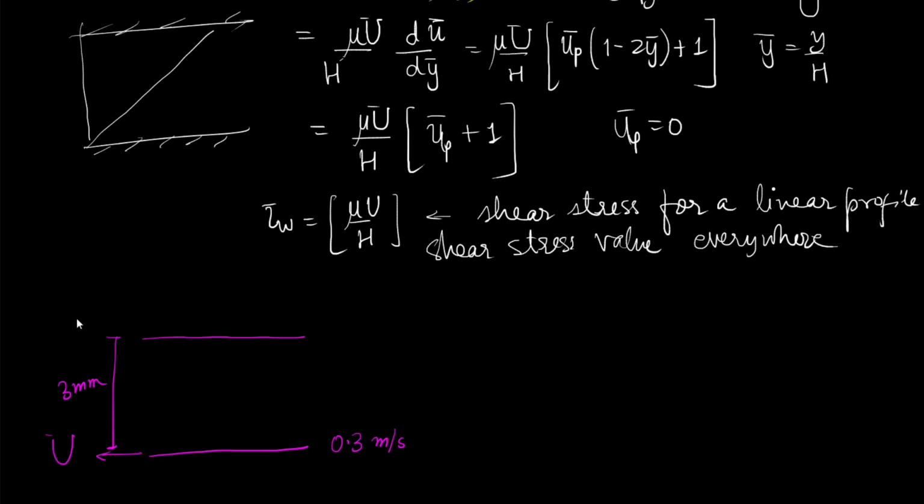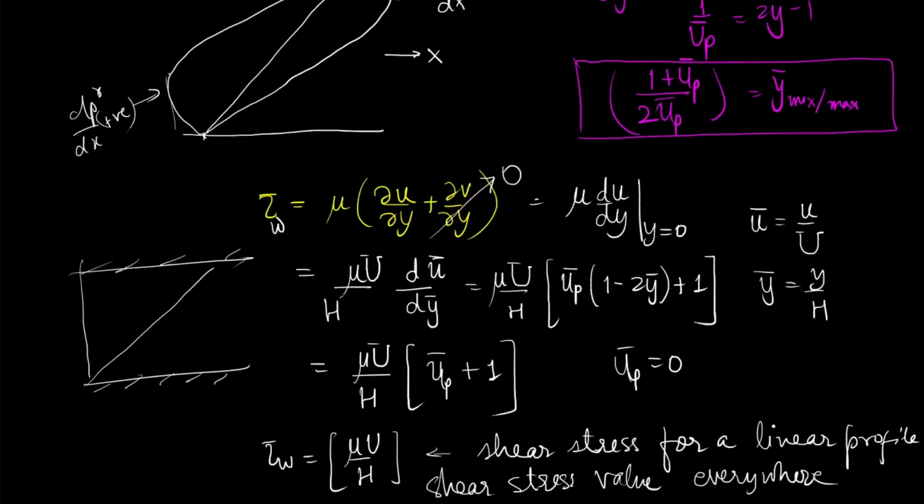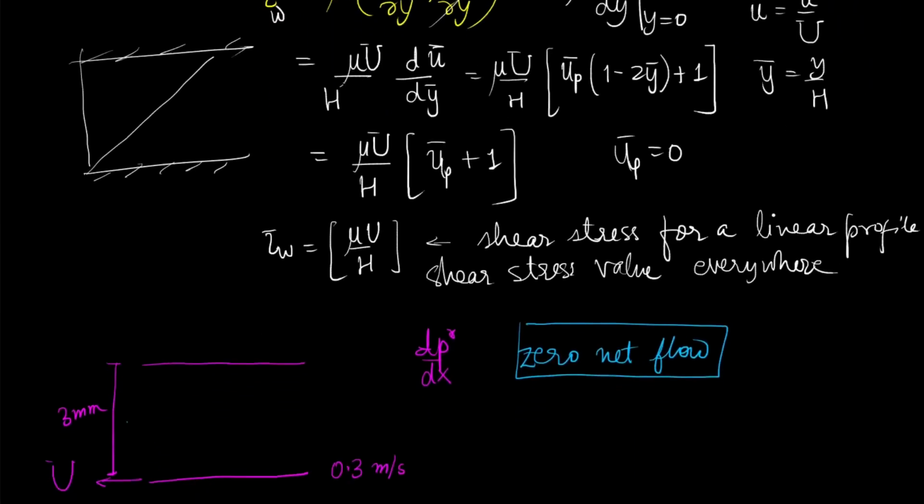So the question is, what is the pressure gradient that must be maintained across these two plates in order to have a zero net flow? In fact, we can make use of the solution that we have done above also.